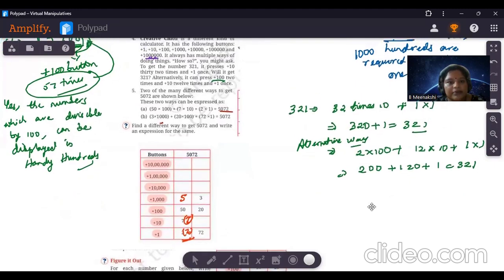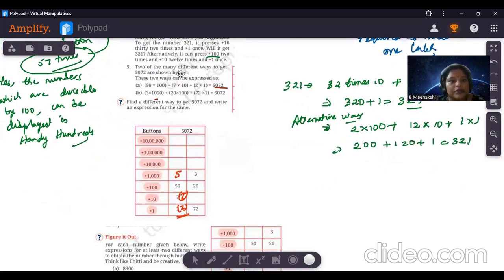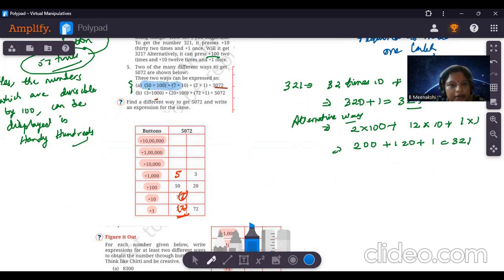Likewise, this is the fourth one, Creative Chitti. Two of the many different ways to get 5072 are shown. These two ways are expressed here. One way of writing 5000 is already given: 50 into 100 plus 7 into 10 plus 2 into 1.